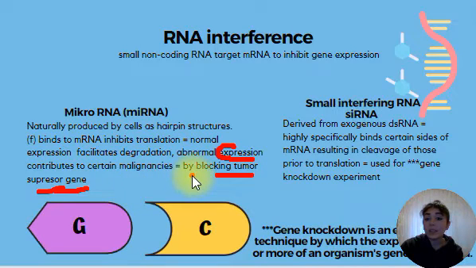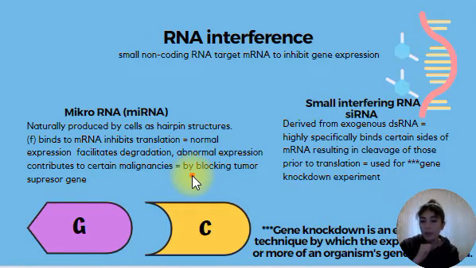And when it does that, we have cells that divide uncontrollably, right? So for example, if we have pathologic cells, it will facilitate expression of the tumor suppressor gene in order to stop it from dividing and progressing.